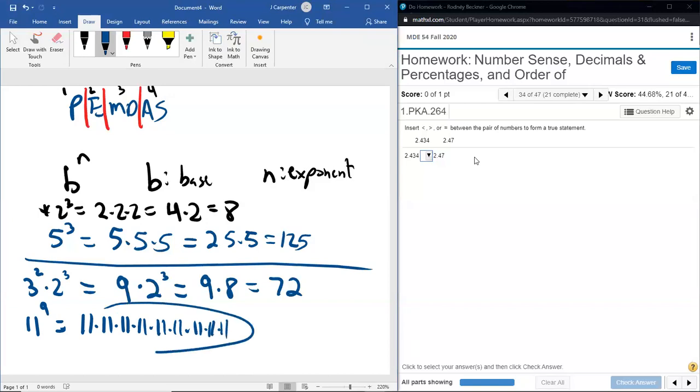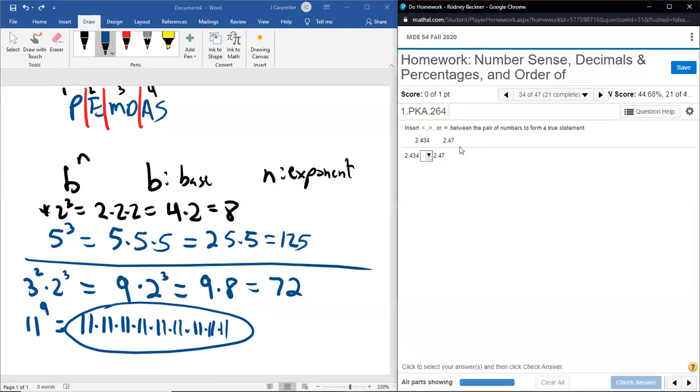This gets just ridiculous to have to write out. Imagine if your exponent was 11 to the 30th, and you had to write 30 of those 11s. I'd rather just write 11 to the 30th and let my calculator handle the job from there. And for a bigger number like that, certainly calculators are fine. That's what they're there for.